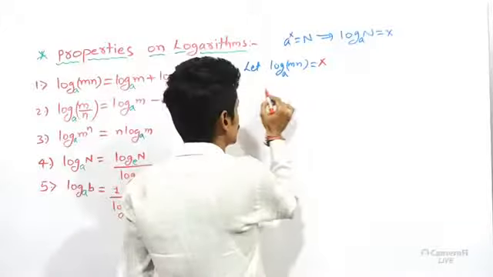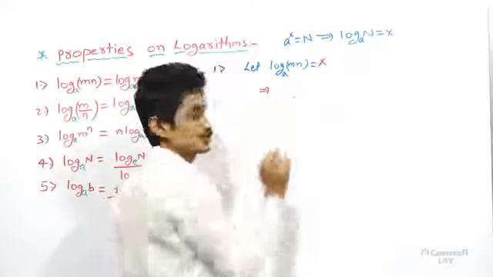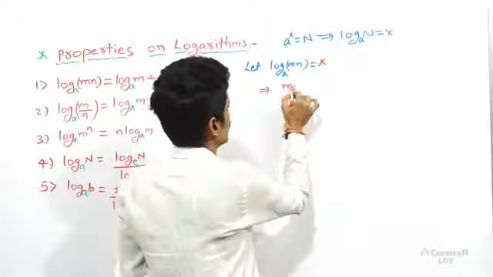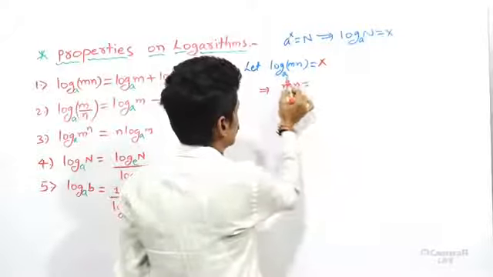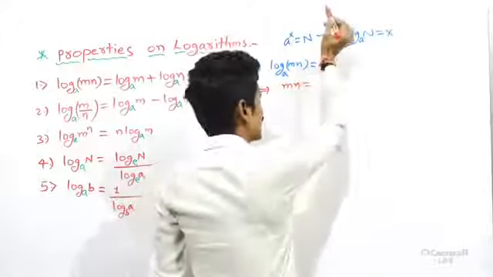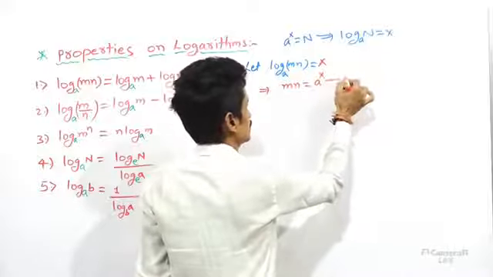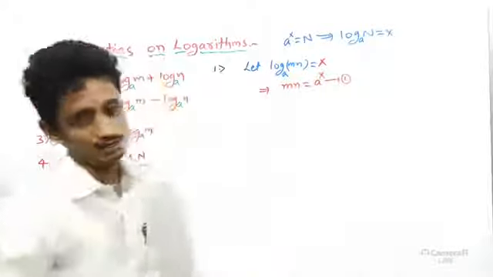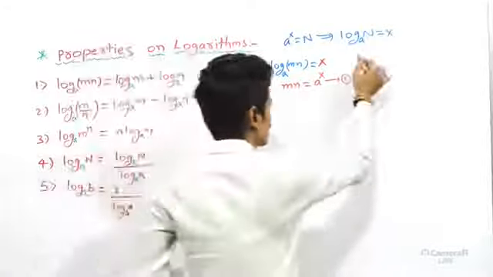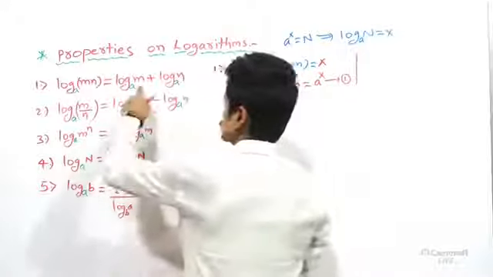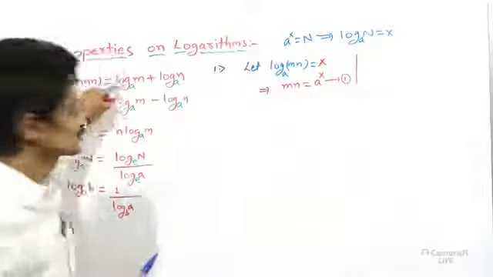How to represent this in exponential form? The product mn is equal to, this base will lift x, now it becomes a power x. This is considered equation number 1. Similarly, go through your RHS part. What is the RHS part?